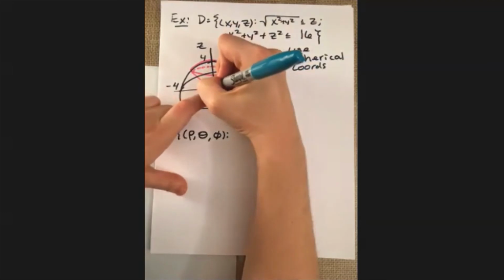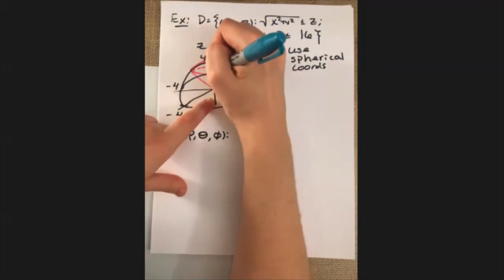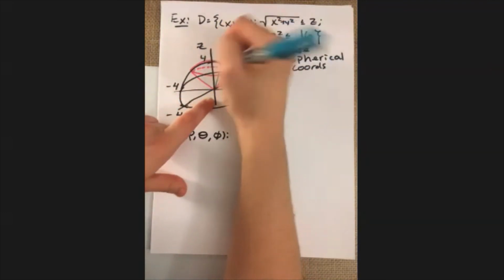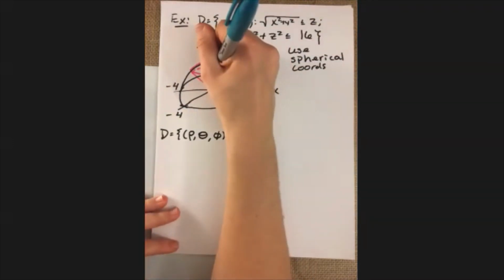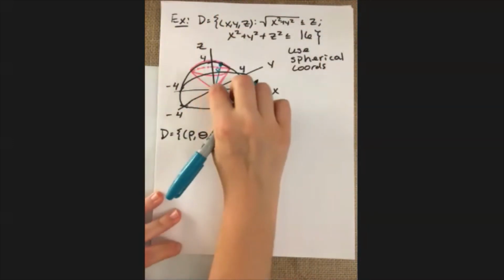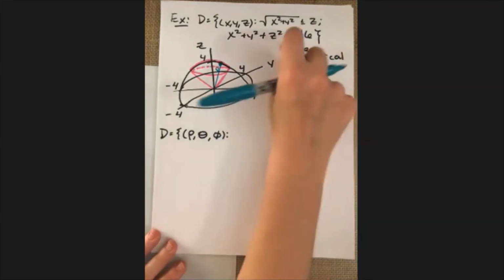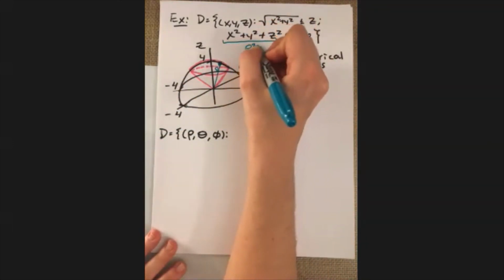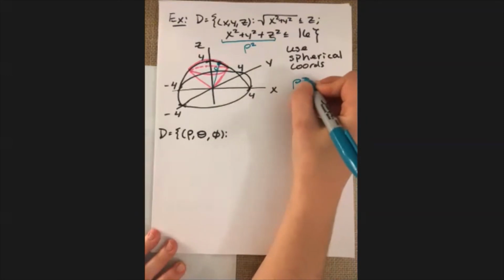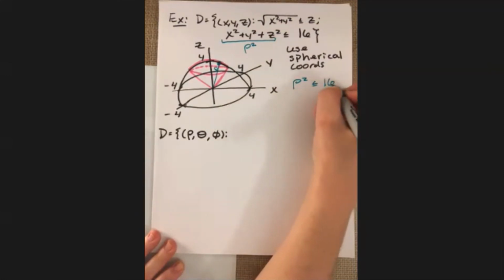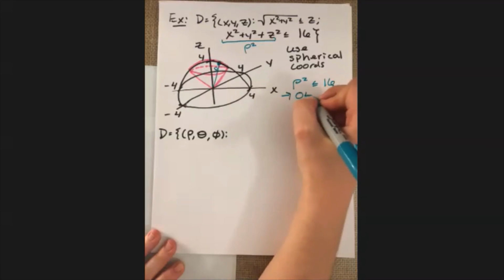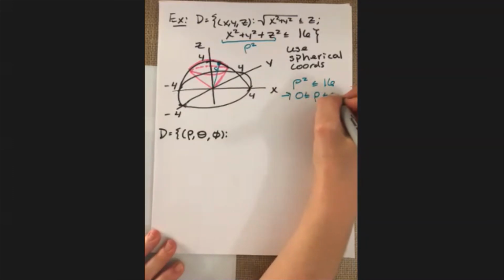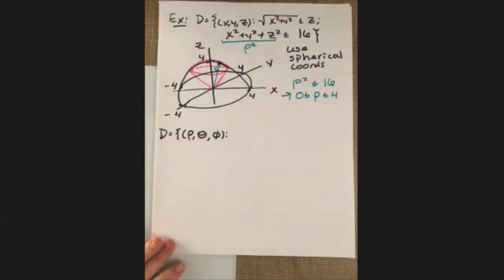So rho is really just, once again, the arm that describes all the points. It's kind of like the radius from the point back to the origin. And in this case, this guy right here is really just rho squared. So we know that rho squared is less than or equal to 16, which means that 0 is less than or equal to rho less than or equal to 4. So that one's pretty easy.